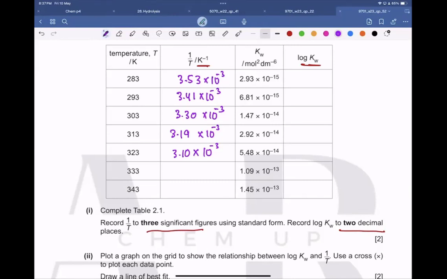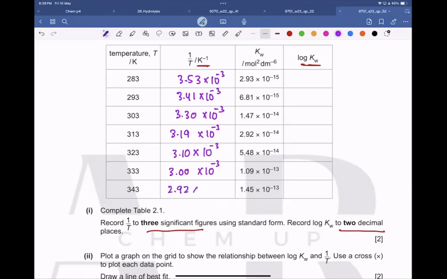So it is going to be 3.00 exponent minus 3. Next one. It's 2.92 exponent minus 3.